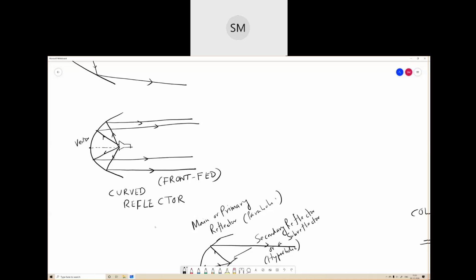Can we use a log periodic antenna as the feed of a parabolic reflector? What do you think?